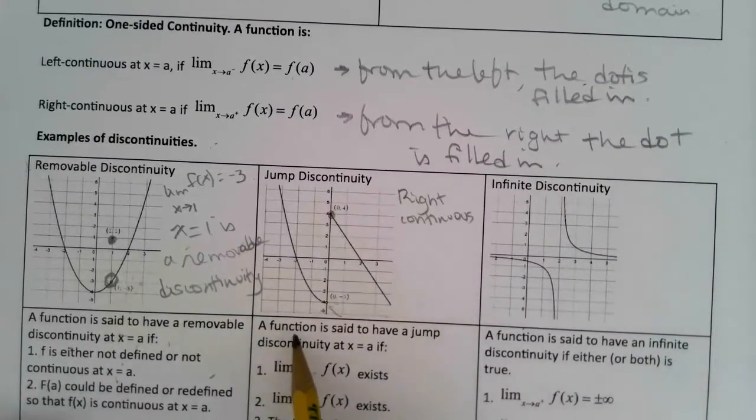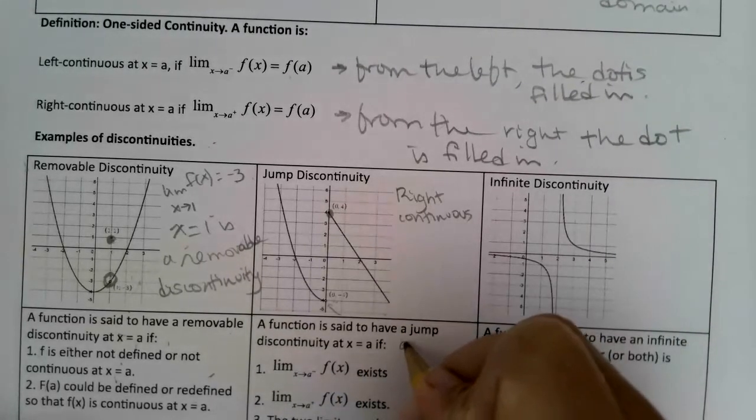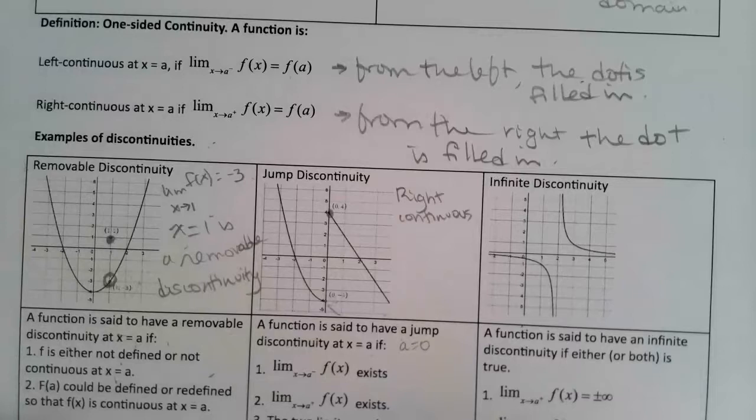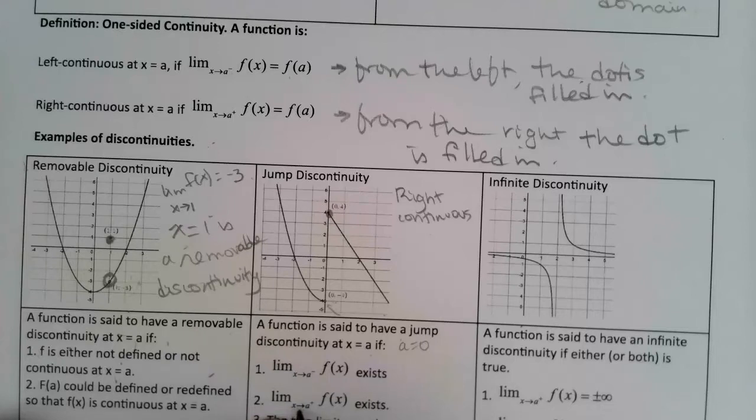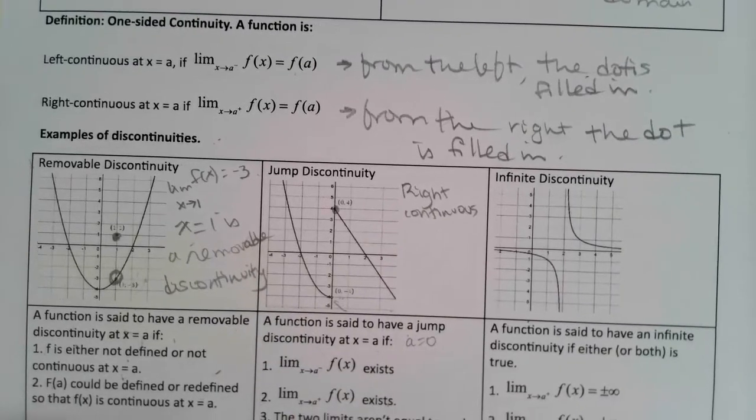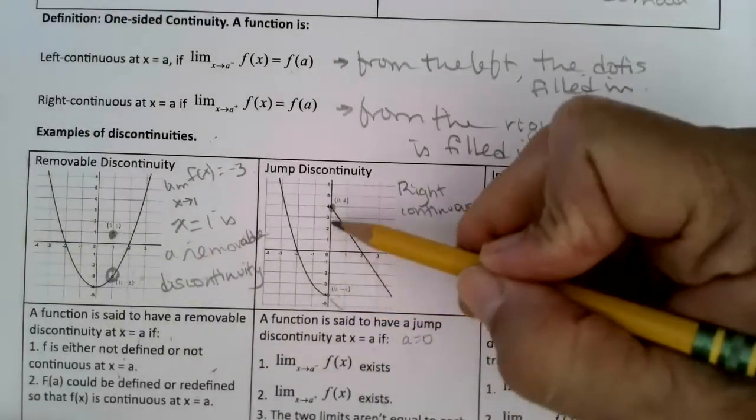Okay. So a function is said to have a jump discontinuity at x equals a. In this case, a is being played by 0. If the limit as x approaches a from the left exists, and the limit as x approaches a from the right exists, but the two limits aren't equal to each other. And the jump does not have to be this big.